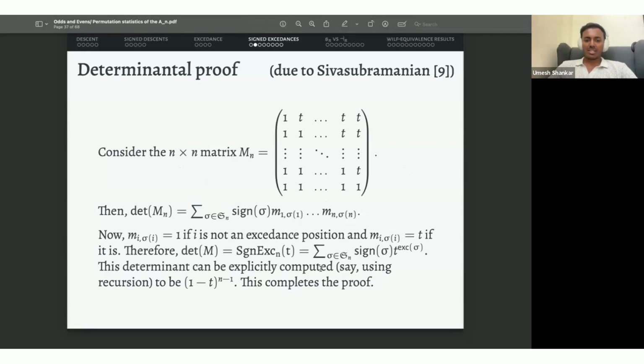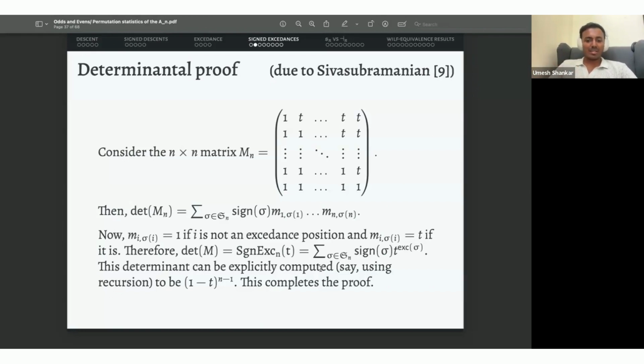The determinant of such a matrix is given by this expression: the sum over sigma of sign sigma times m1 sigma 1, m2 sigma 2, till mn sigma n. And by definition, mi sigma i is 1 if i is not an exceedance position, and mi sigma i is t if it is. Therefore, the determinant of this matrix is exactly the signed exceedance polynomial.